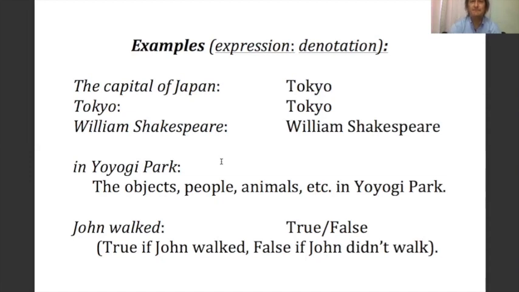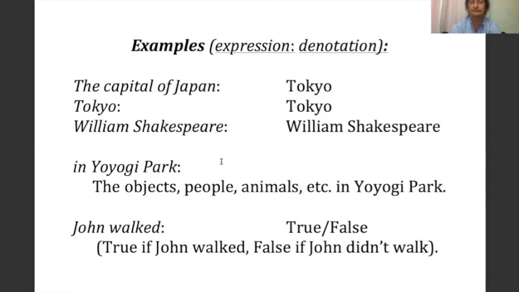Now, this notion of picking things out works well for names and definite descriptions like the capital of Japan, but it's kind of a strange way of thinking about a lot of other expressions. In Yoyogi Park, what does that pick out? Kind of a weird question to even ask. We don't use that expression to pick out things, but we can say that it's true of certain things.